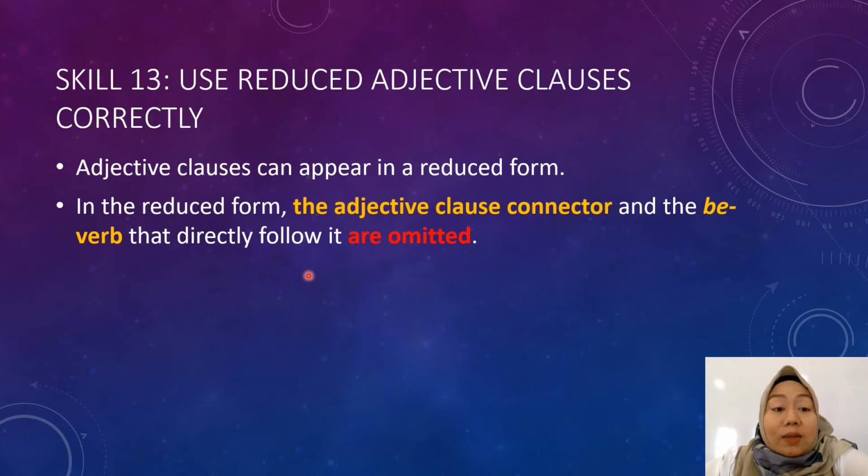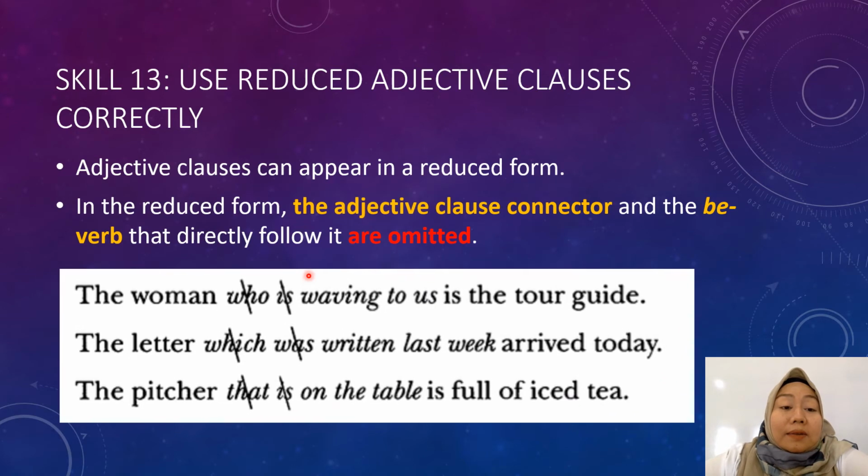Okay, let's take a look at the example. Here, the complete adjective clause is: the woman who is waving to us is the tour guide. So remember, this is one sentence, right? The woman who is waving to us is the tour guide.